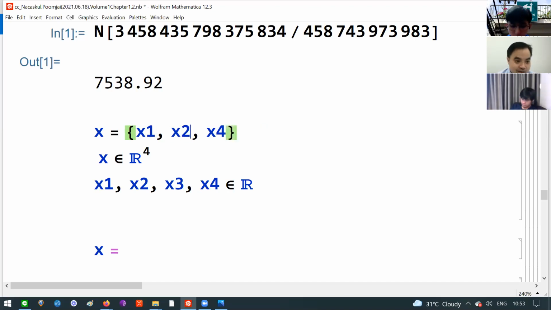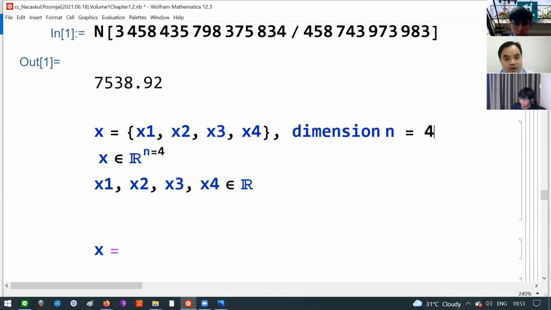So if it's an ordered number, it has to have the right place, X1, X2, X3, X4, where each of them is a real number, and there are 4 of them. So n is equal to 4. So dimension n is equal to 4. Okay, so that's the vector.